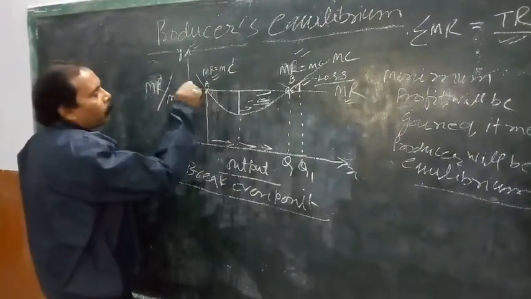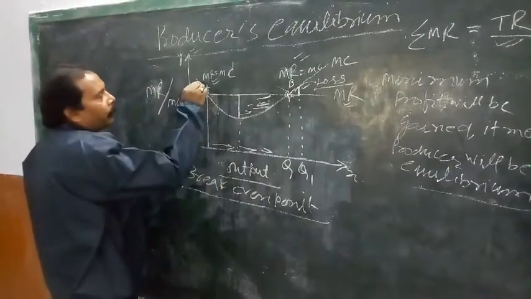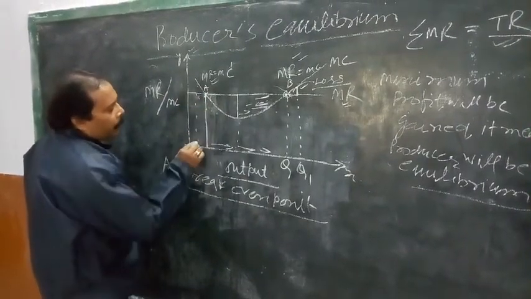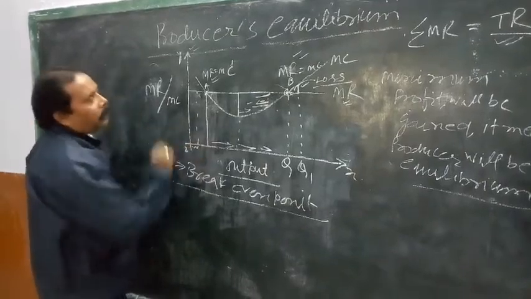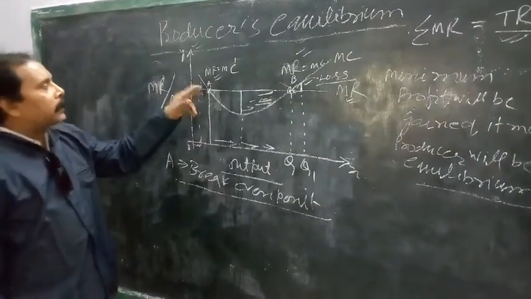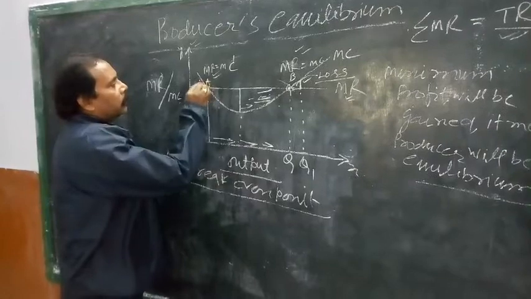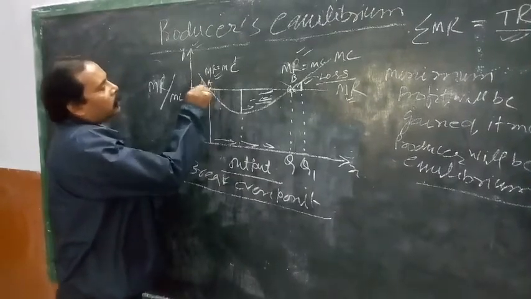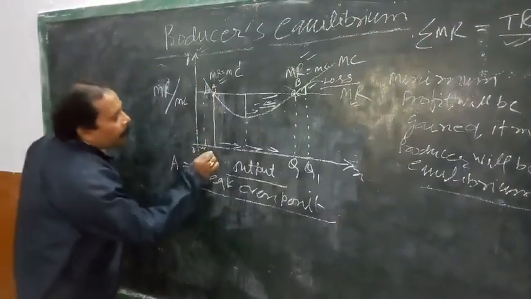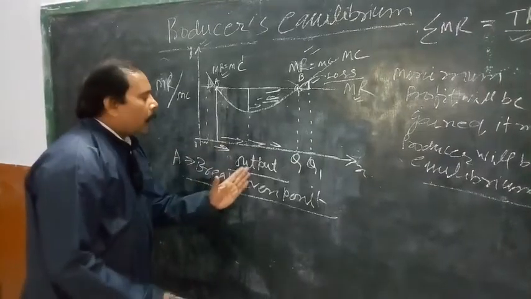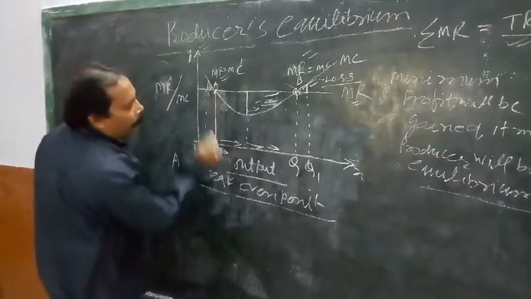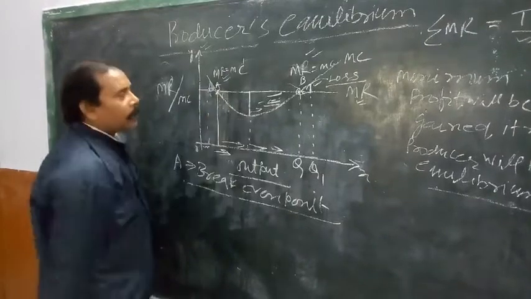If we move towards the left side, we find that if the firm is producing this much unit of output, he is facing a loss again. This area indicates the loss area, and if we move towards more output, the marginal cost starts to decline.